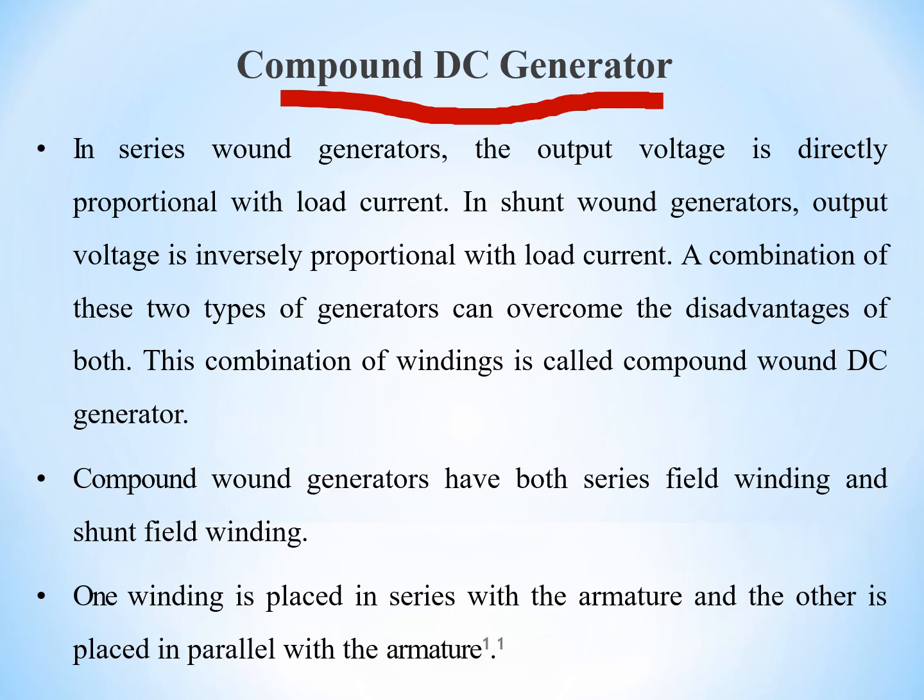A combination of these two types of generators can overcome the disadvantages of both. So this combination of winding is called the compound wound DC generator. A compound wound generator has both a series field winding and a shunt field winding. One winding is placed in series with the armature and the other is in parallel with the armature.